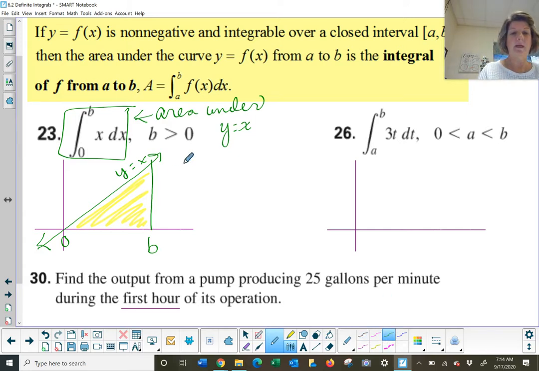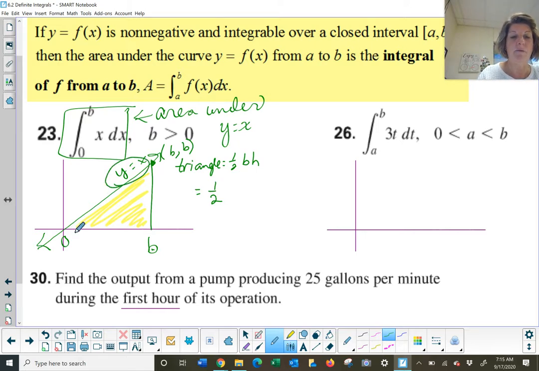So it is a triangle, and we know triangles are calculated as 1/2 base times height. My height, when I have b, this point here will be b comma b, because I put it into my function there.